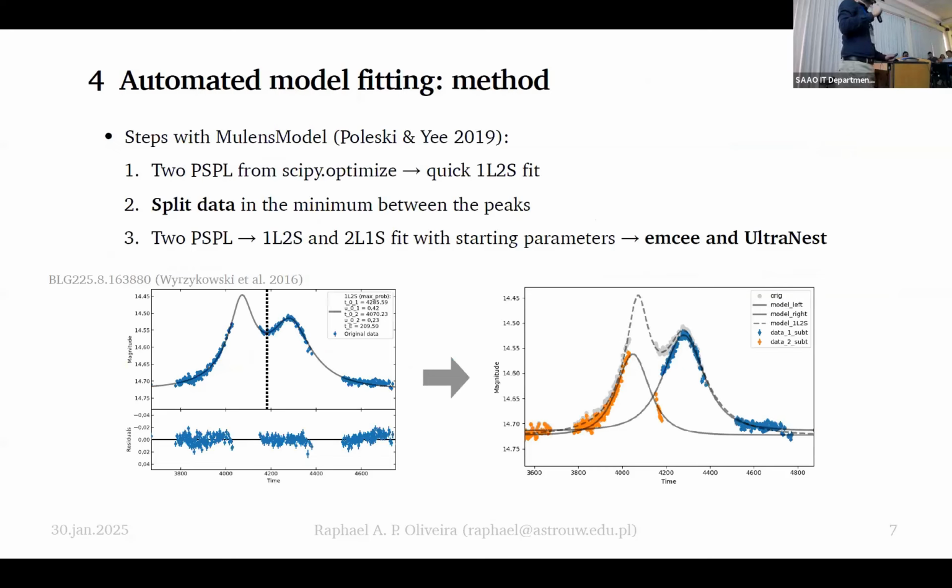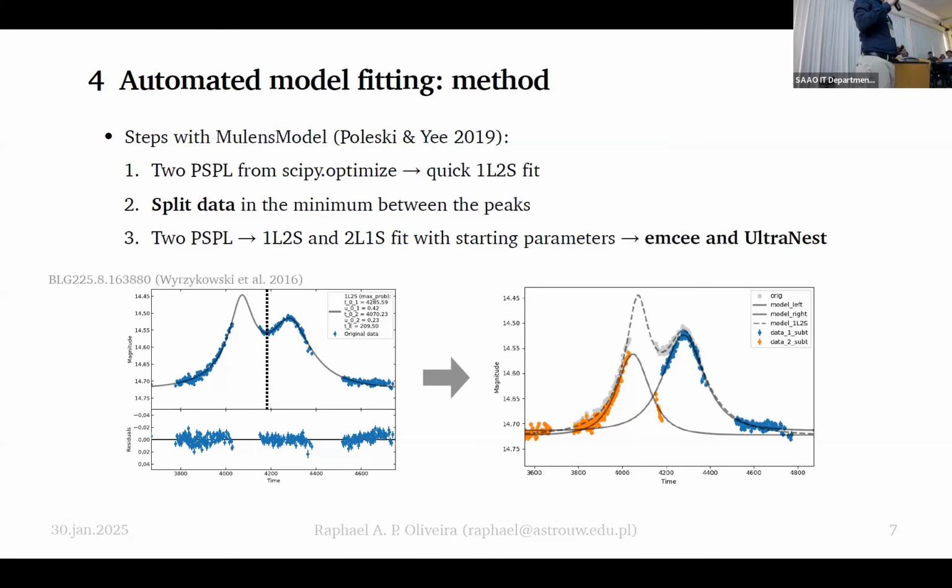About the model fitting, I do it with some steps using the Newlands model code. So first, I get a quick binary source fit to get the minimum points between the bumps. Here the bumps are not well separated, but I just illustrate that it's working for these kinds of mixed bumps.